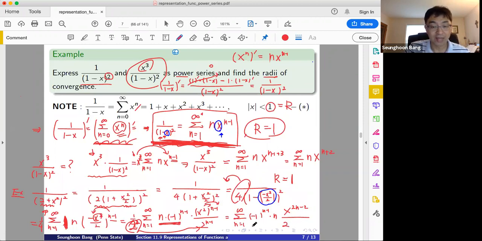You can add the exponents, n minus 1 plus 2, to get 2 to the n plus 1. That's it. This is exactly the power series representation using the previous result. That's the whole idea for solving this kind of problem. The main idea is to take the derivative.